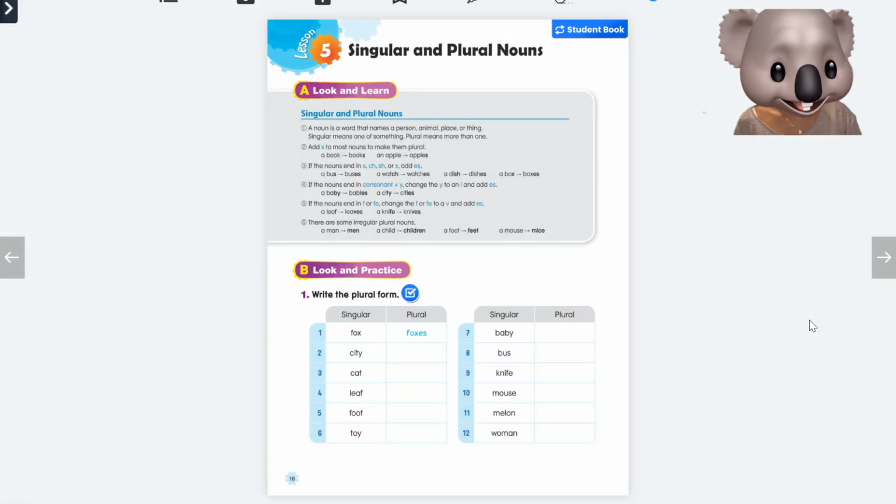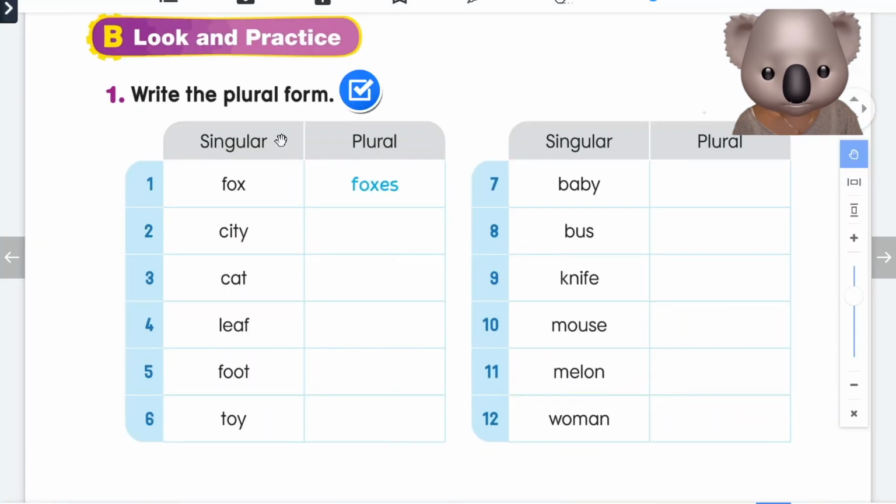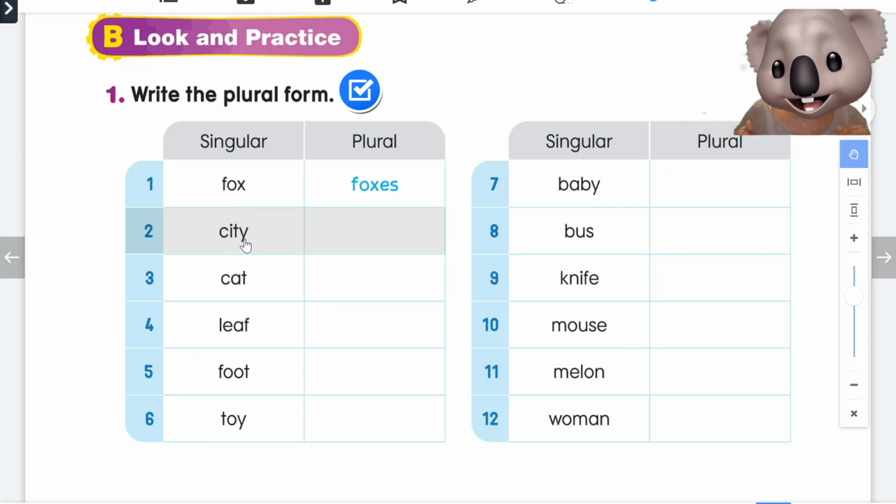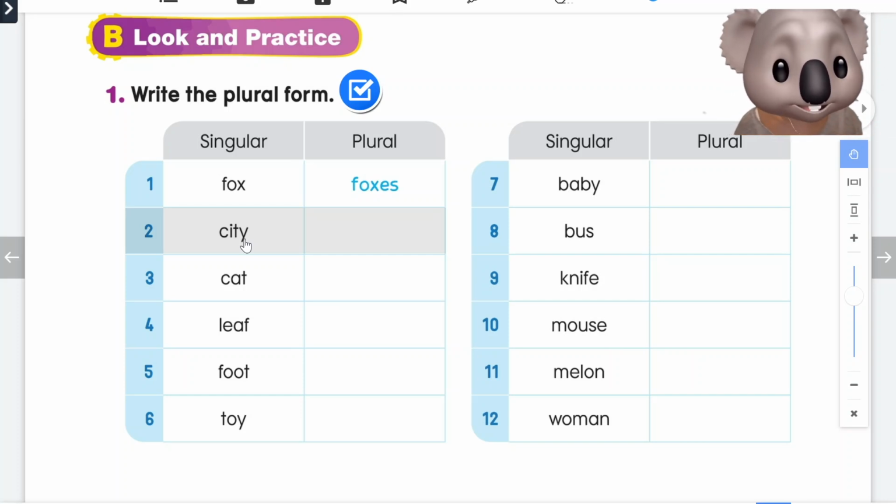On page 18, the directions say to write the plural form. Remember, singular means one, plural means many. In number 1, we have fox. It ends in X, so we add ES. Number 2, city. We have a Y. Do you remember?